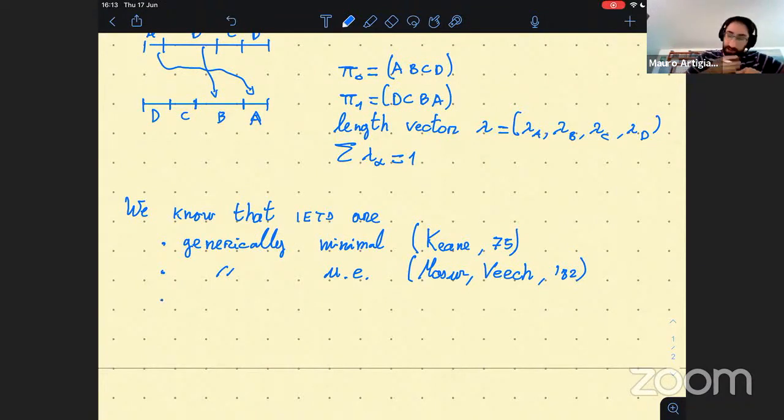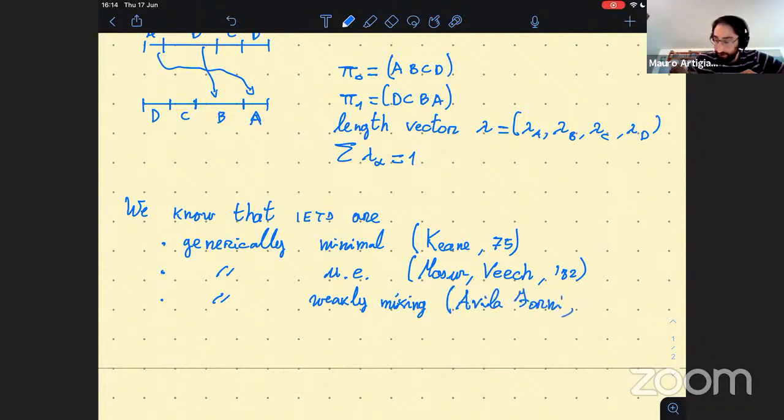And the proofs are completely different. They use completely different techniques, and actually for our talk the proof of Veech is much more relevant. And also we know that generically they are weakly mixing. This was proved by Avila and Forni in 2007.